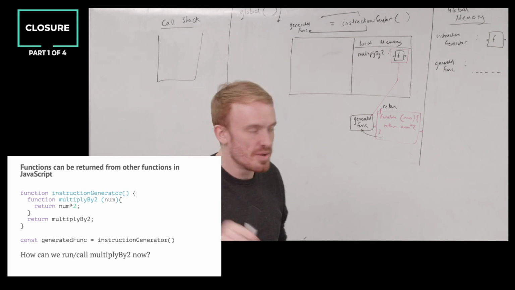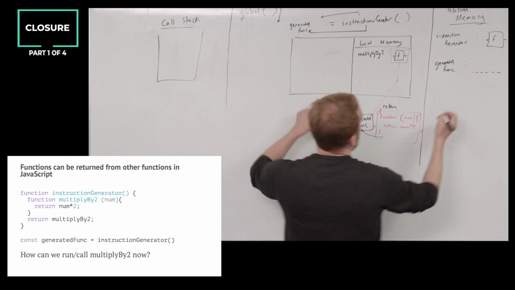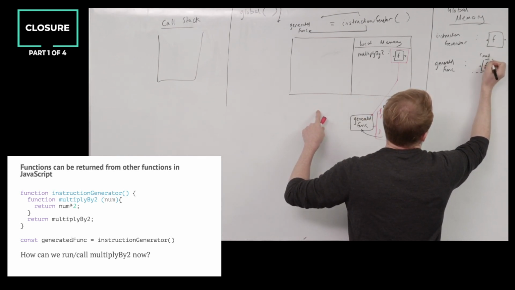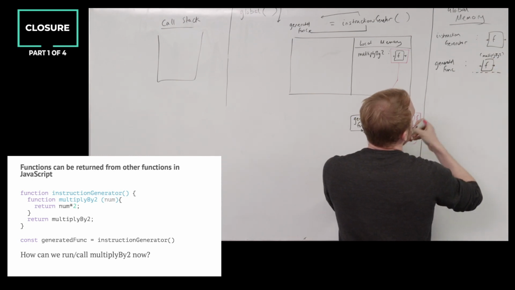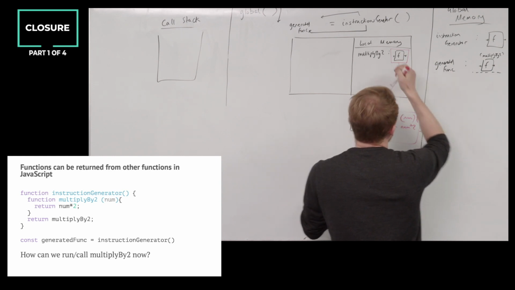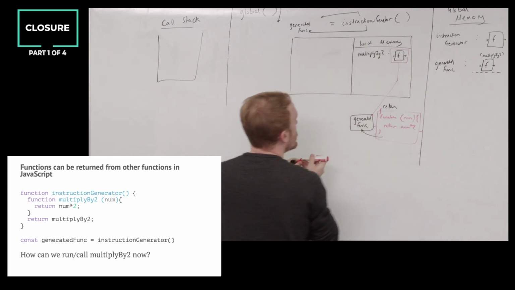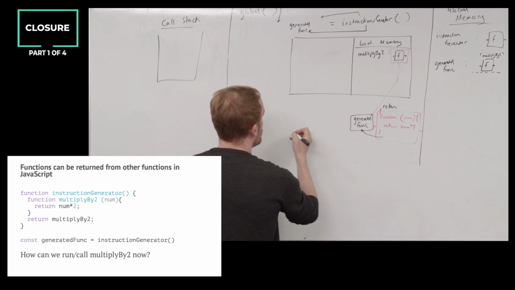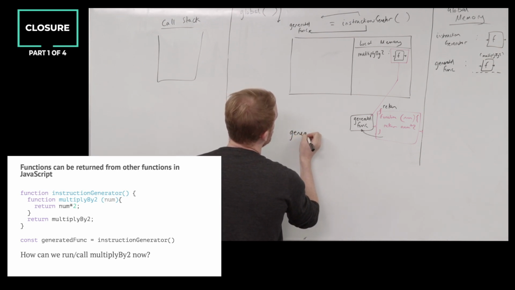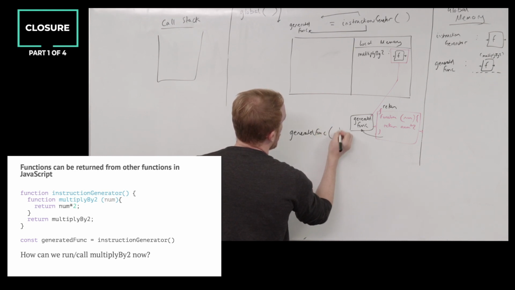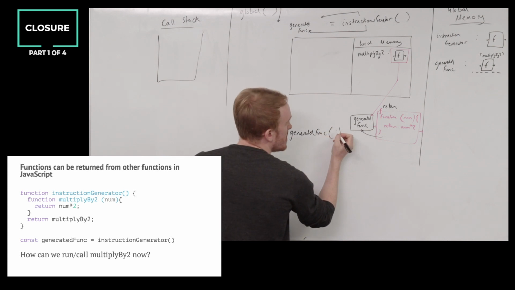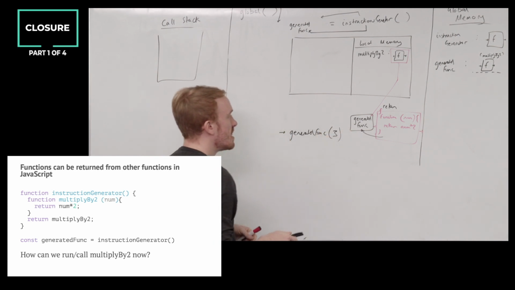So now, how could I, out here in global execution context, call the functionality that was inside known as multiplyBy2? You could run generatedFunc by adding parentheses. I could run generatedFunc by adding parentheses, and I probably want to pass in some sort of argument, let's say 3.